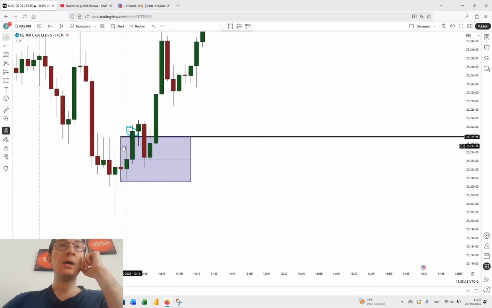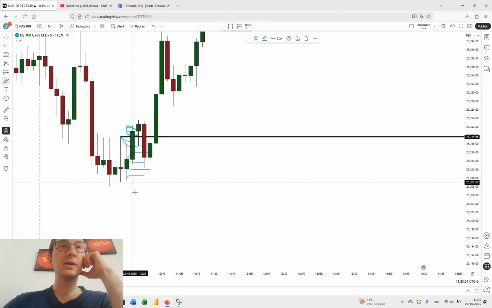Because if we have this move to the downside with this little candle that caused the order block, then there are a lot of buying orders here. People were buying here, they were all buying within that order block.